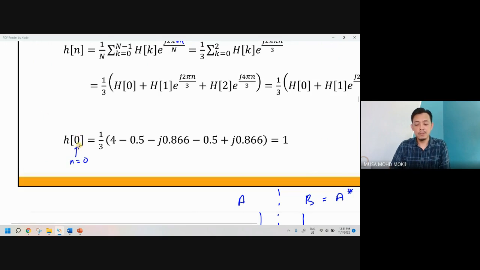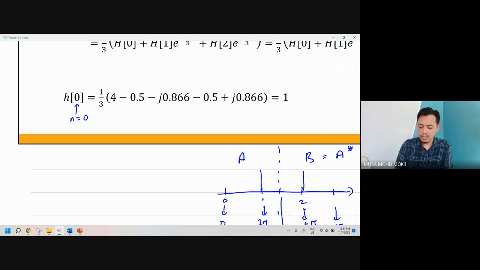Because in test 2, some of you had difficulty when trying to find y0. So you do not know what this means. What is actually y0? What is h0? h0 is actually when n equals 0.